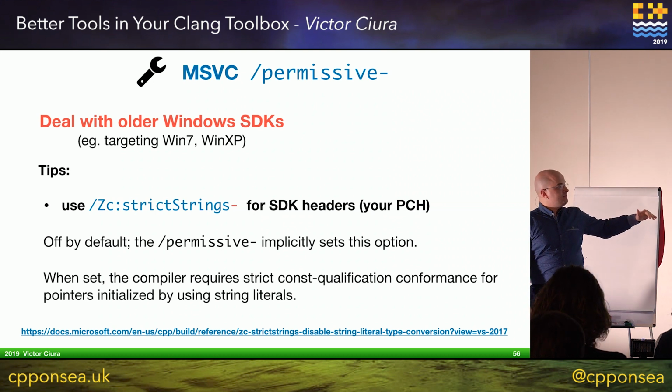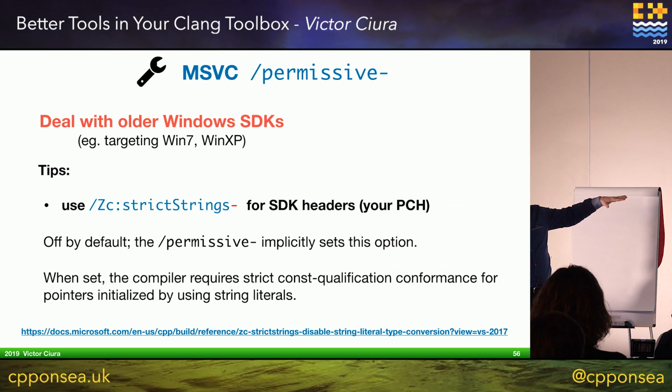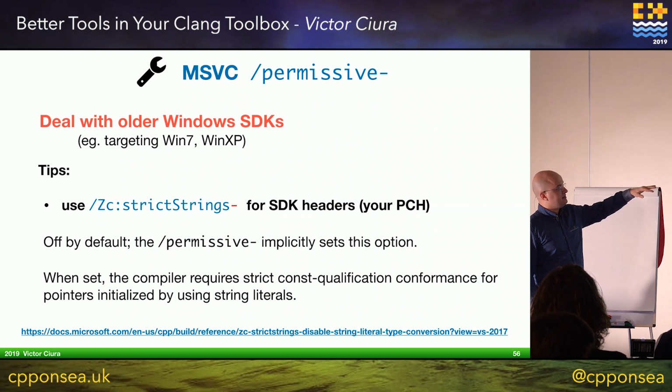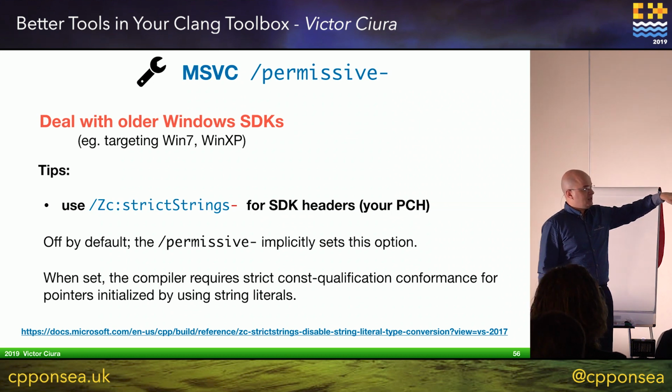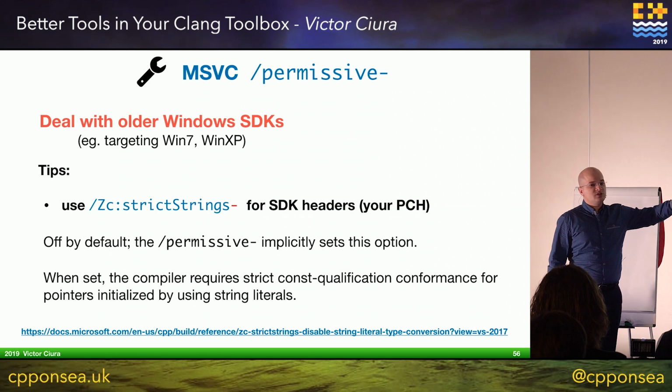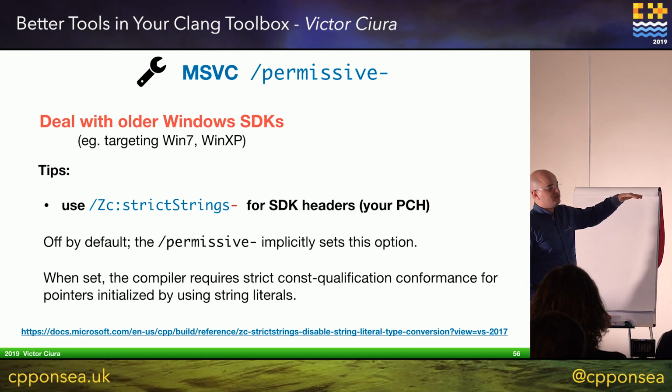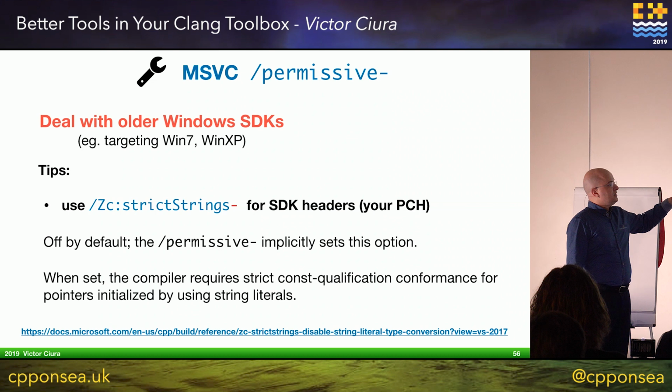But if you need to deal with this kind of situation, what we did was actually disable strict strings in the permissive minus scenario for those specific SDK headers. So if those headers happen to be in your PCH file, then you need to disable strict strings for your PCH files.